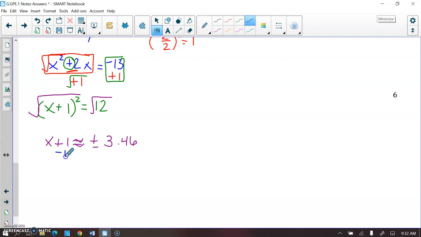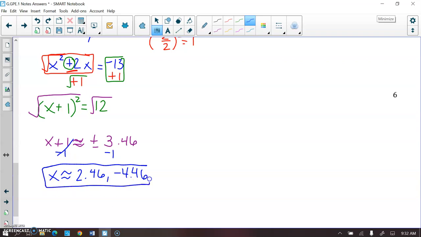Then we subtract 1 from both sides to get x is approximately equal to 2.46 and negative 4.46. That's how we finish off completing the square. But again, with circles, we're going to actually stop at this point before we take the square root of both sides.